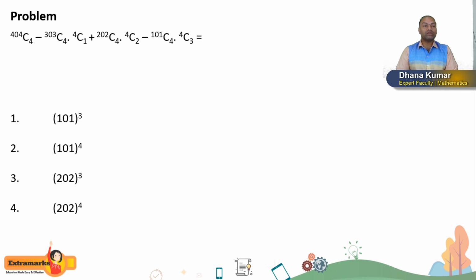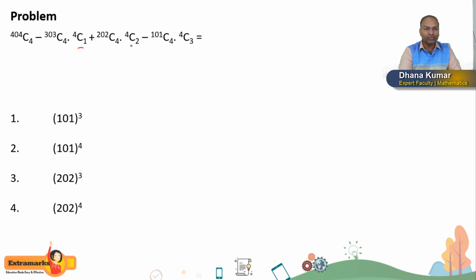A little bit of a logical question. You see, 404C4 minus 303C4 into 4C1, plus 202C4 into 4C2, minus 101C4 into 4C3. Just observe that question, right?